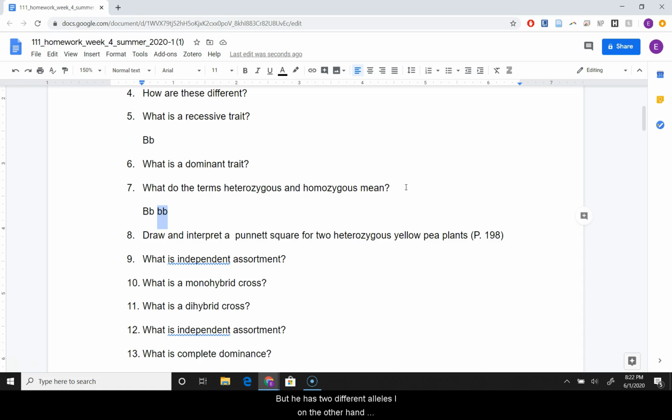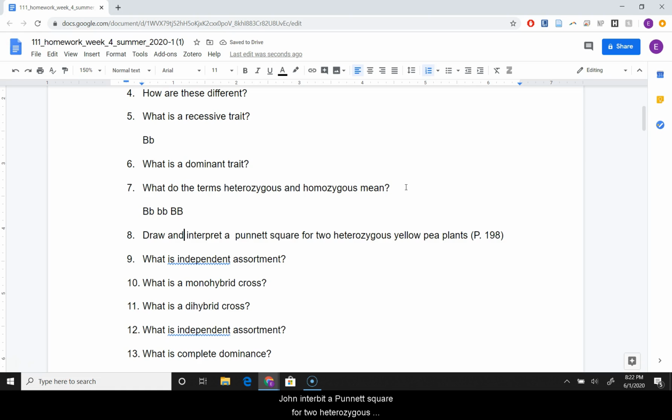I, on the other hand, am homozygous. I have two of the same alleles for eye color. So I am homozygous recessive. So ask yourself this: what would homozygous dominant look like? You can pause it or whatever, but homozygous dominant for eye color would look like this.